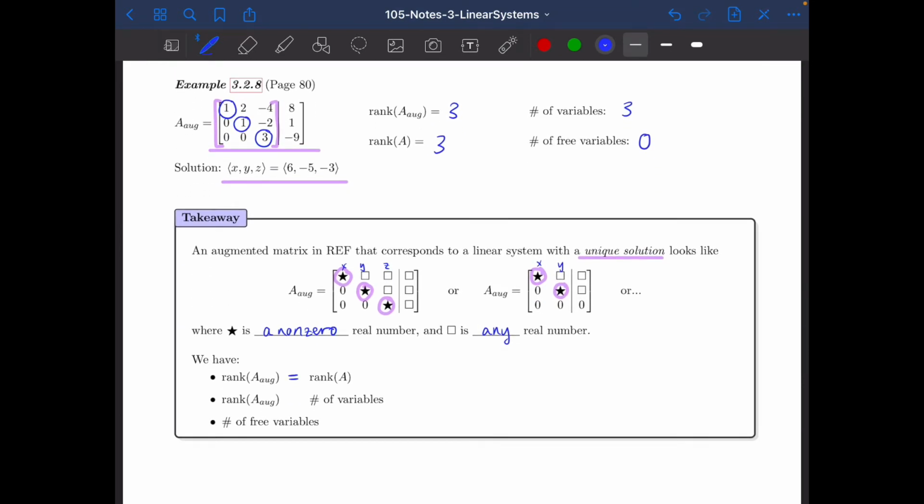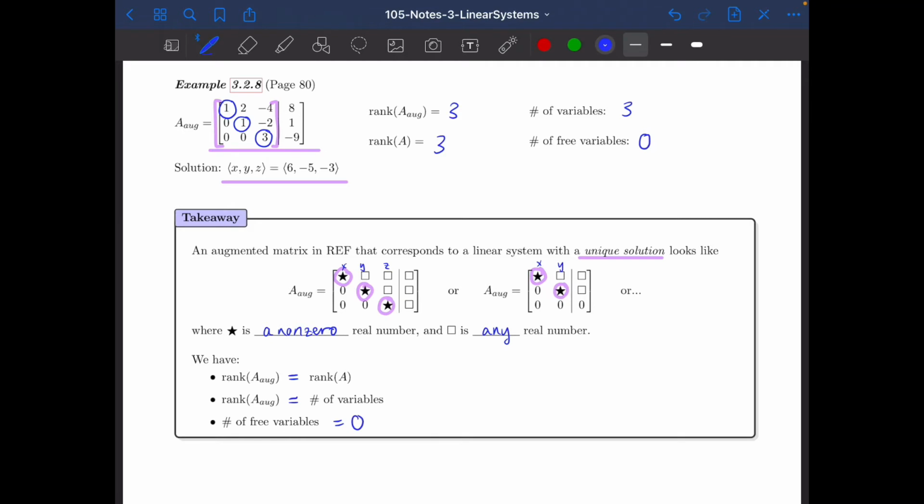And what if we compare the rank of the augmented matrix with the number of variables? Well, in this case also, the rank of the augmented matrix is equal to the number of variables. And we also have that the number of free variables is equal to 0. All variables are leading variables.